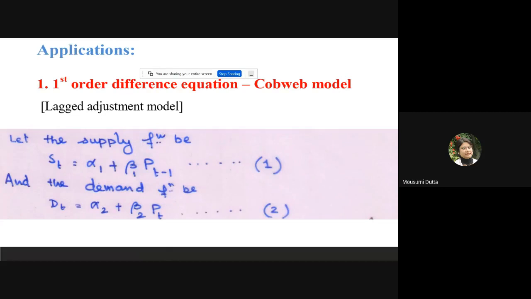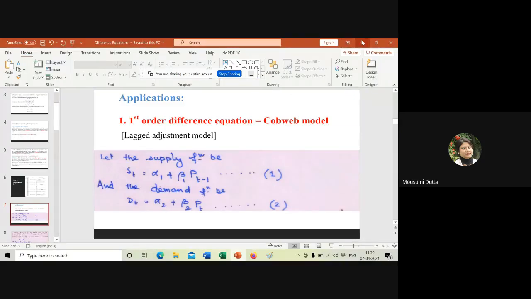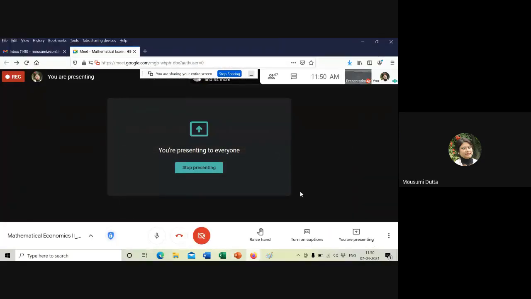Here we consider that demand is instantaneously adjusted with price, that is, dt is a function of pt. Demand in the tth period is adjusted with the price of the tth period. So dt is a function of pt, the price at the tth period.